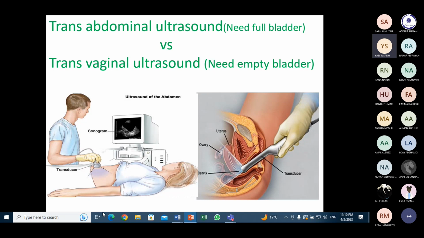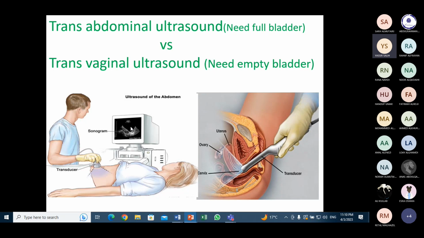This technique requires a full bladder. If you look at the monitor, you can see the bladder is full of urine. This is a very important preparation that should be done. Why?